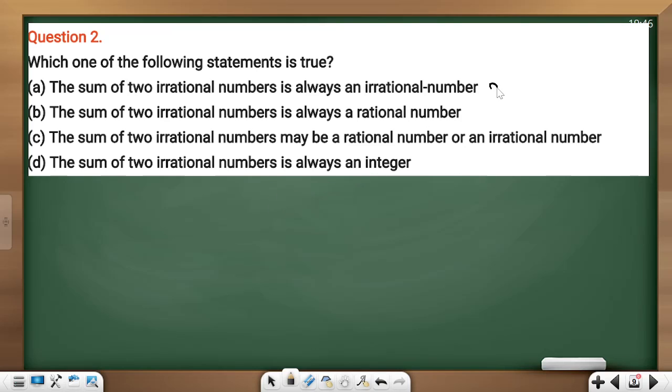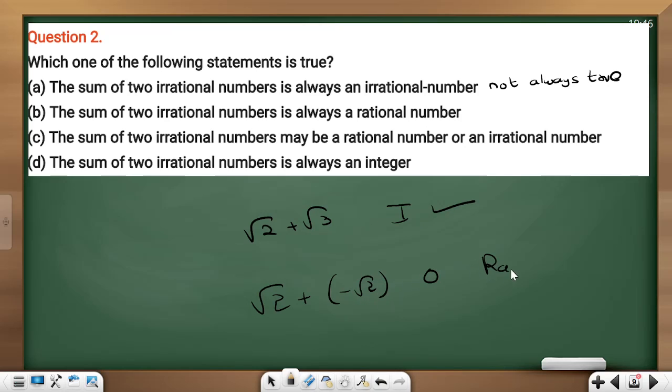No, this is not always true, because I can give an example. Root 2 plus root 3 is irrational, accepted. But root 2 plus minus root 2 is 0. That is rational. So you should accept that. Therefore, not always true.